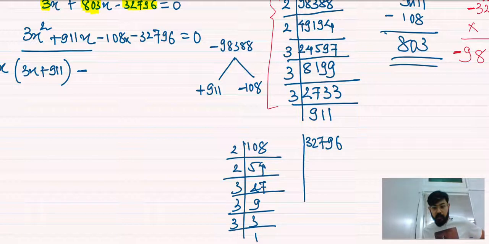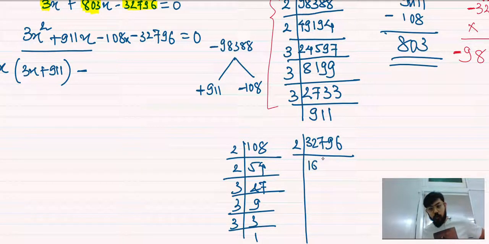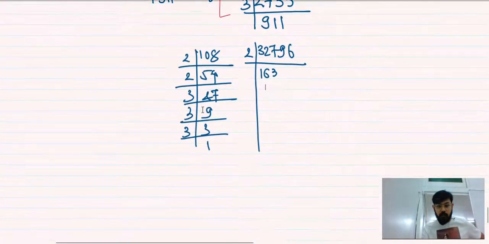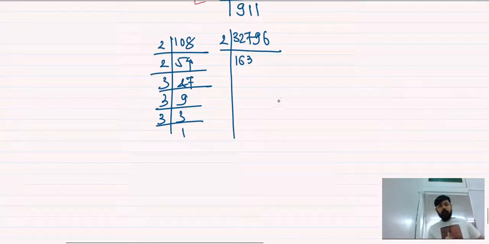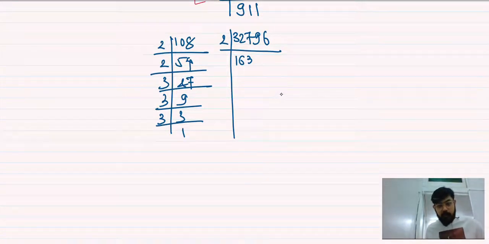And 32796, if I divide it by 2, I should get 16. 2 3s are 6. Remainder is 1. 2 and 9 comes down, so 2 9s are 18, and 2 3s are 6 again.